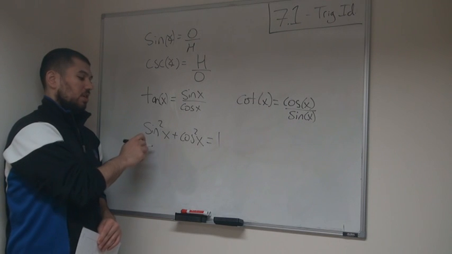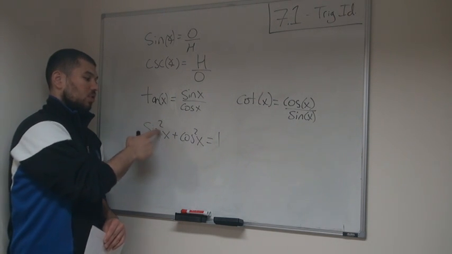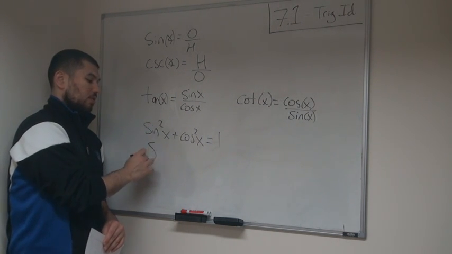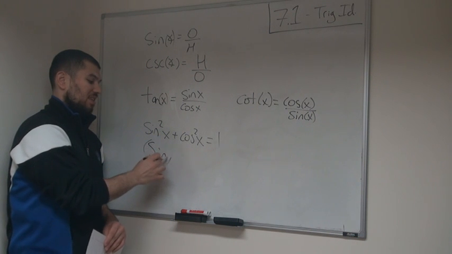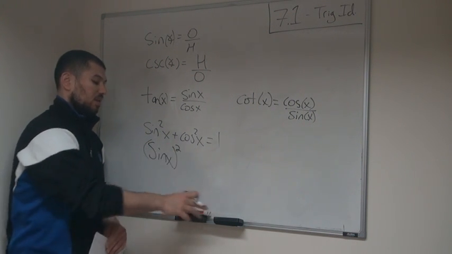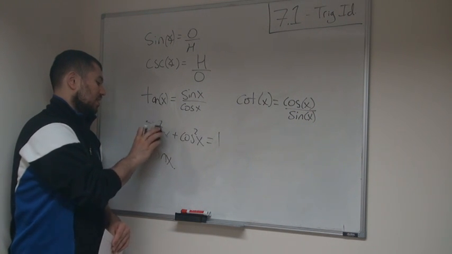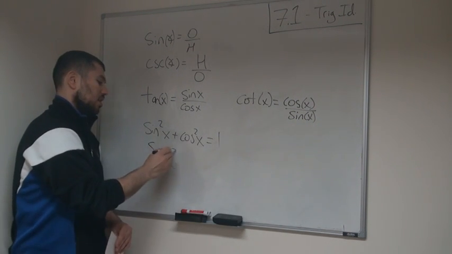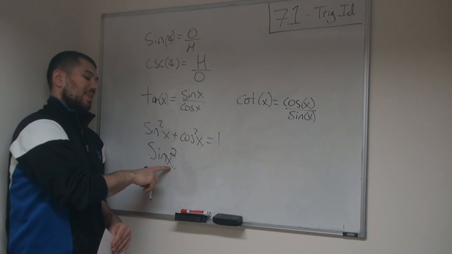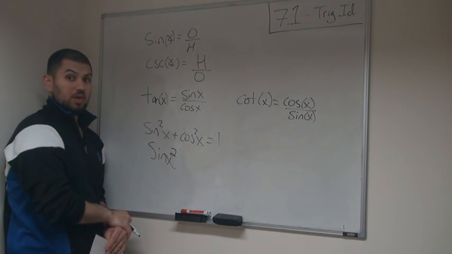But on notation, when we have sine squared x, we write it this way. We do not write sine of x quantity squared or sine of x squared. If you were to see sine of x squared, that would mean that the angle x is being squared.